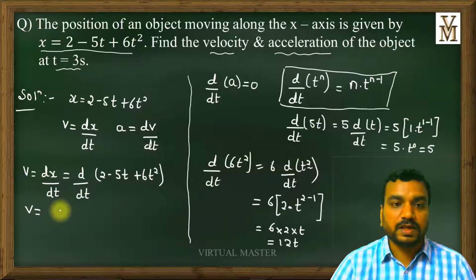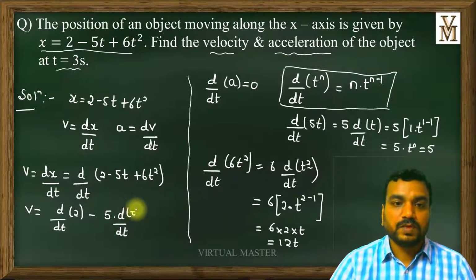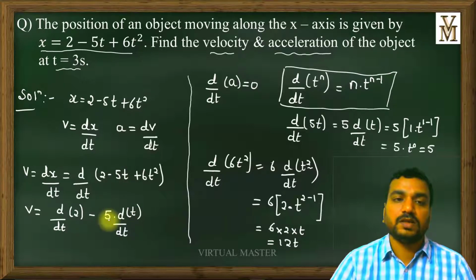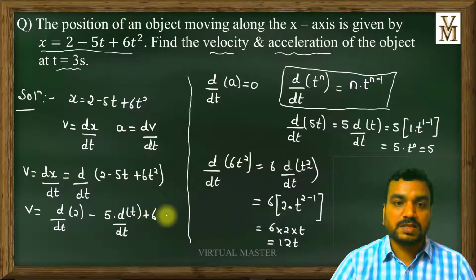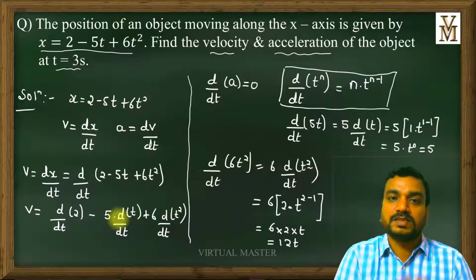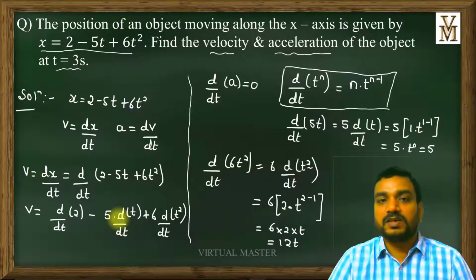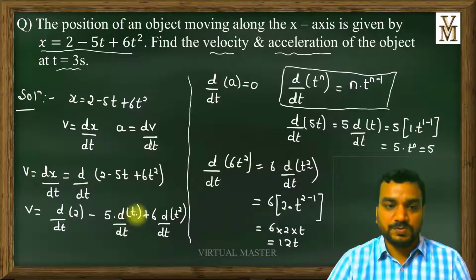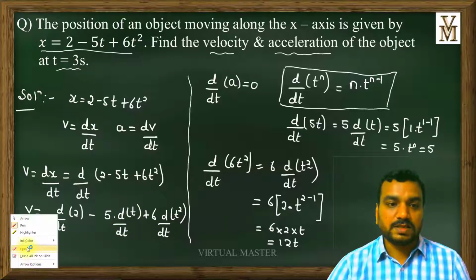After simplification, what I will get? d/dt of 2, minus 5 times d/dt of t. Five is a constant, so I am taking it outside, plus 6 times d/dt of t². This step is not necessary. For the sake of explanation, I am simplifying step by step. If you are perfect in differentiation, you can avoid this step also. Okay, let us erase the ink.